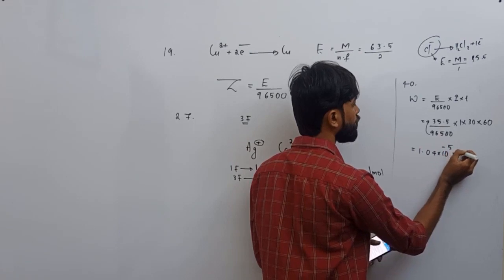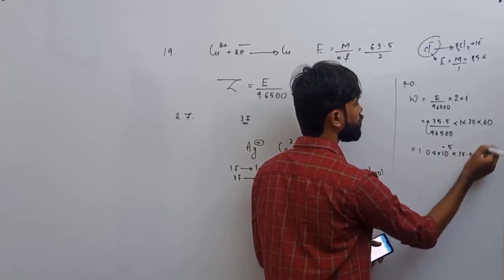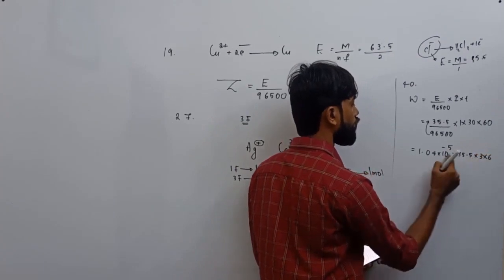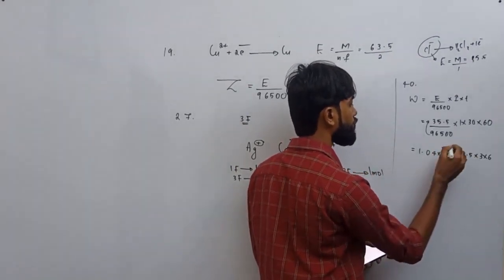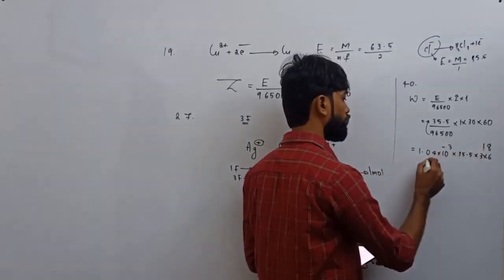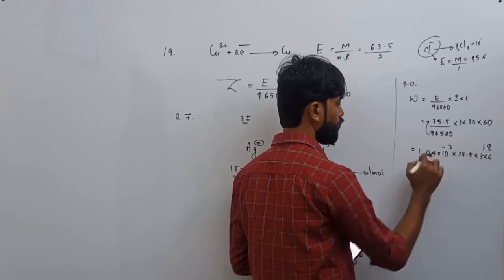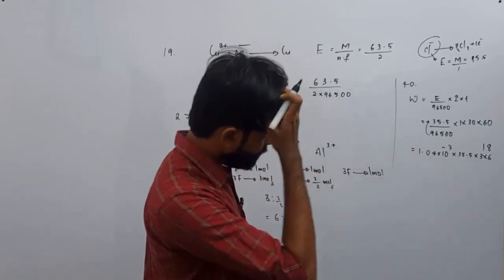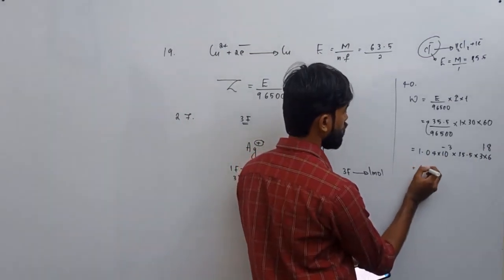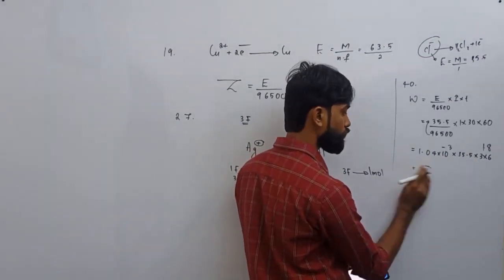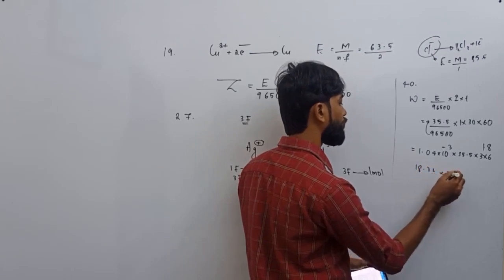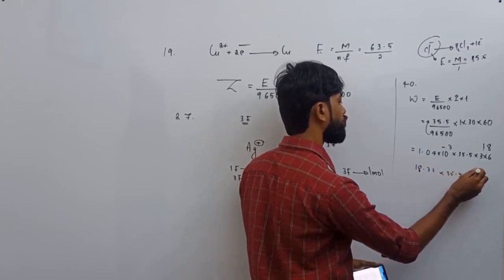Then 35.5 into 30 into 60. 3 into 6 is 18, and with the zeros it will be minus 3. So 18 into 1.04 will be 18.72, into 35.5, into 10 to the power minus 2.